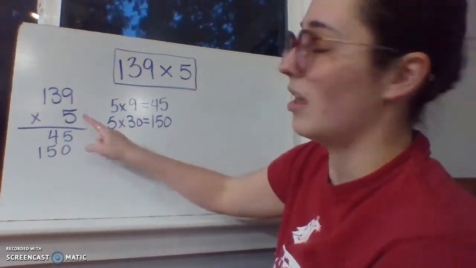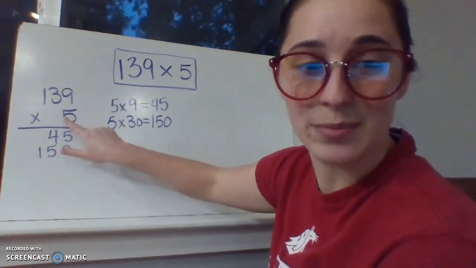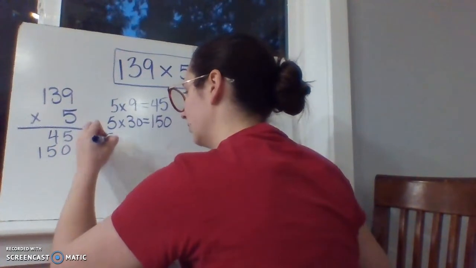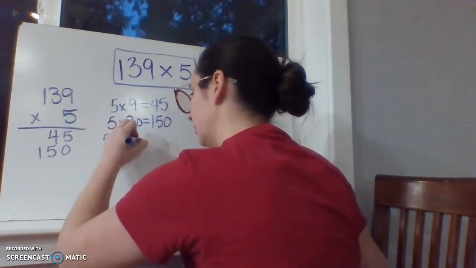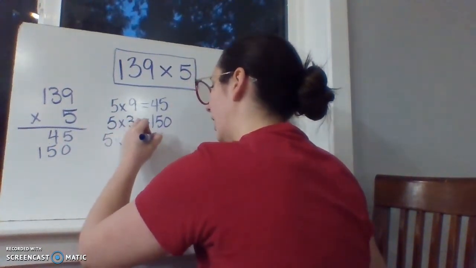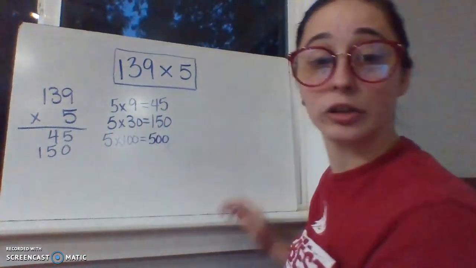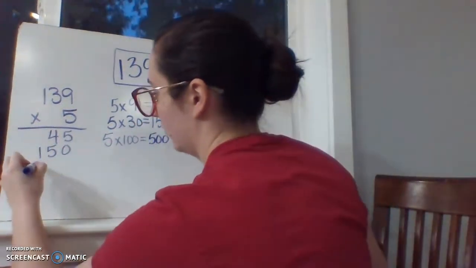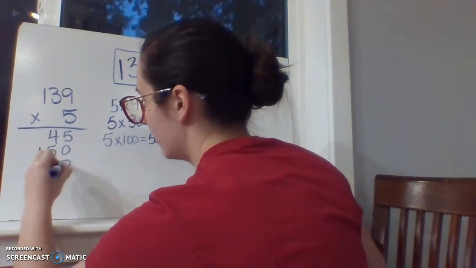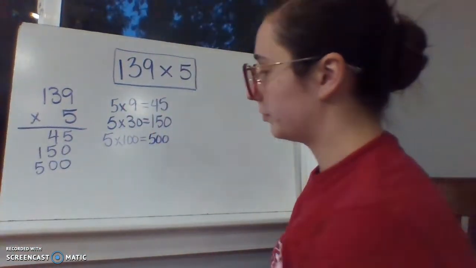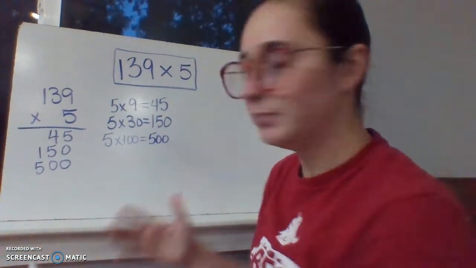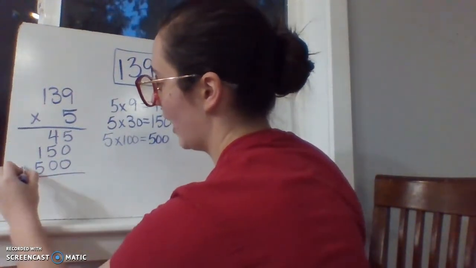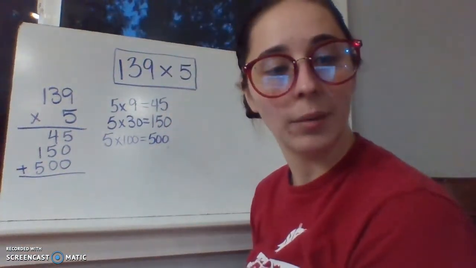Okay? Last but not least, we're going to do 5 times 100. And that will give us 500. I'm going to put that there. And then the last step you do, now that I have all my products, I'm going to add them all.